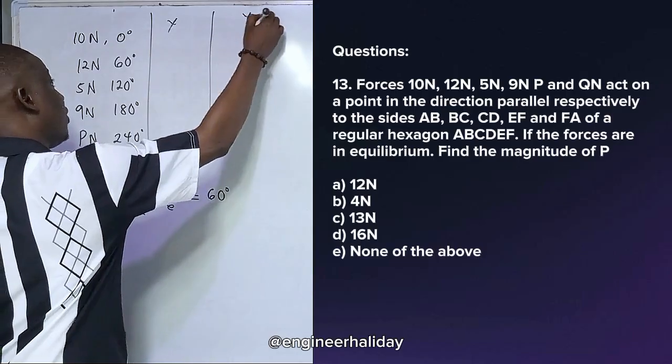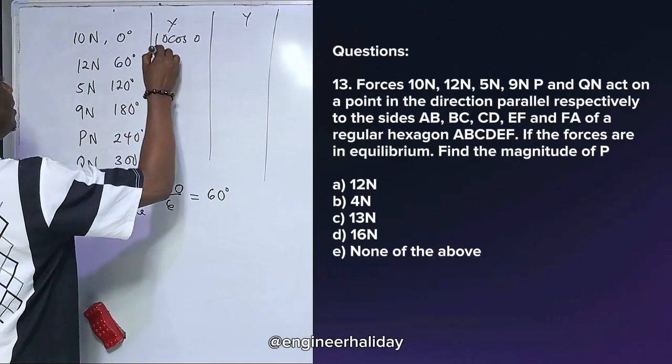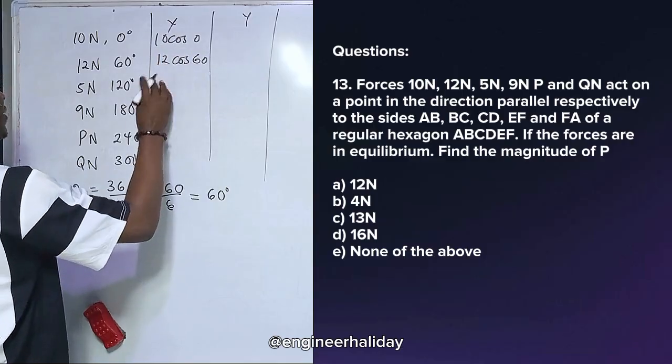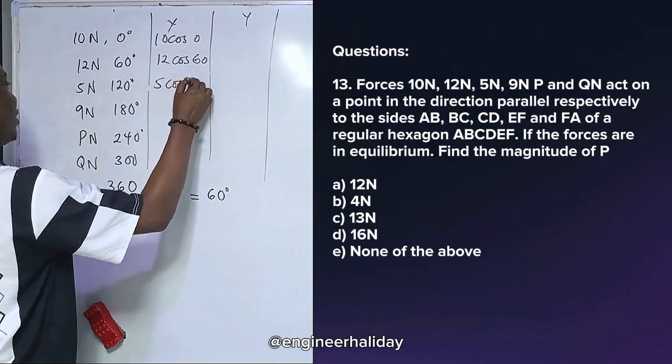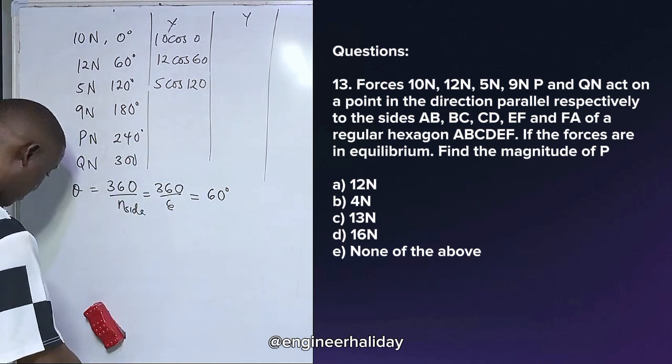So for the x components you do 10 cos 0, 12 cos 60, 5 cos 120, and change the marker.